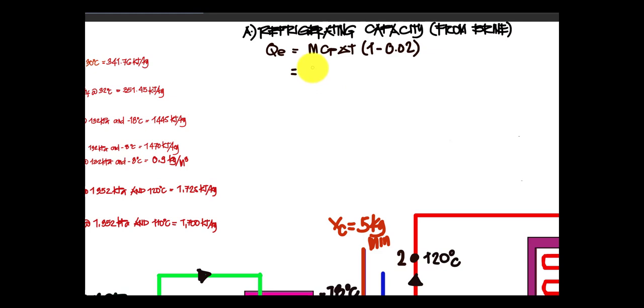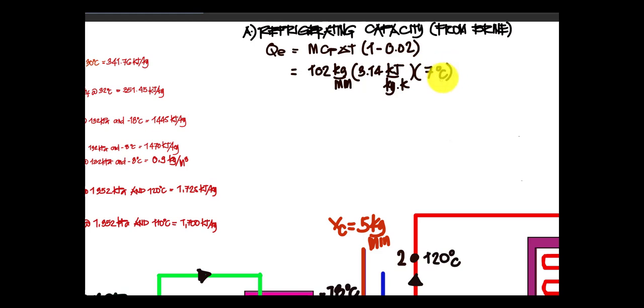We have the mass flow rate, which is 102 kilogram per minute, multiplied by the specific heat of the brine, which is 3.14 kilojoule per kilogram Kelvin. Then we have the change in temperature, 7 degrees Celsius.